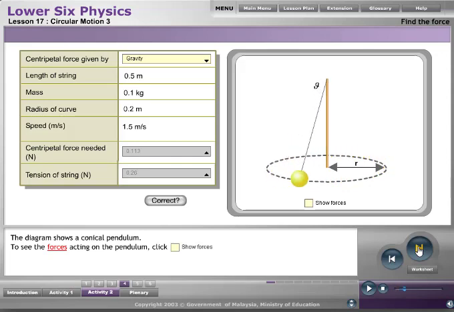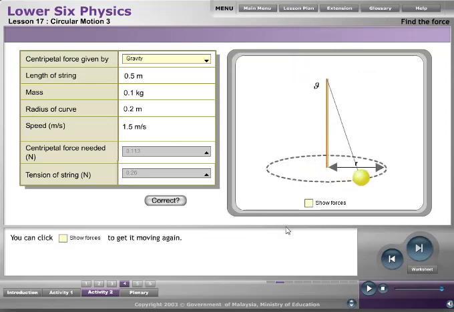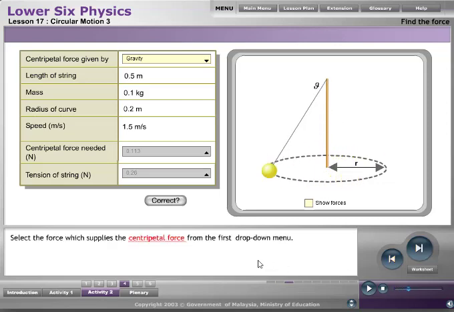The diagram shows a conical pendulum. To see the forces acting on the pendulum, click the Show Forces button. You can click Show Forces to get it moving again. Select the force which supplies the centripetal force from the first drop-down menu.